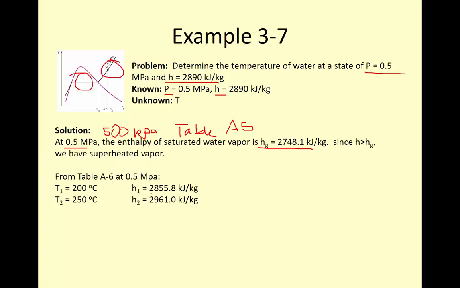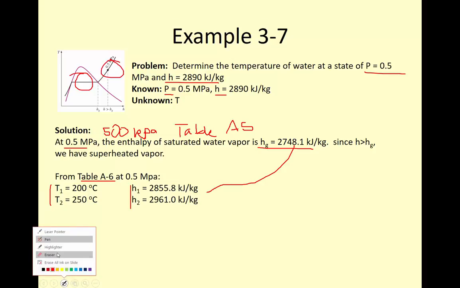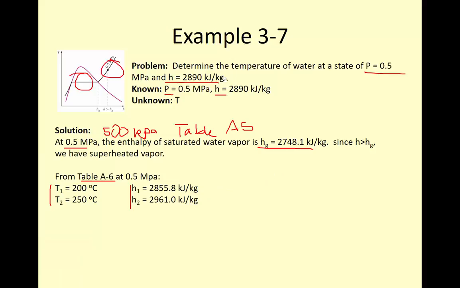Okay, so because we have a superheated vapor, we now move to table A6. At 0.5 megapascals, we have T1 and T2, H1 and H2. Our enthalpy value as given in our problem is 2890, so it's in between these two values. Again, we look at it and think, which one is it closer to, 2855 or 2961?